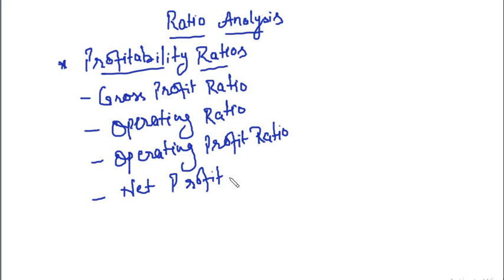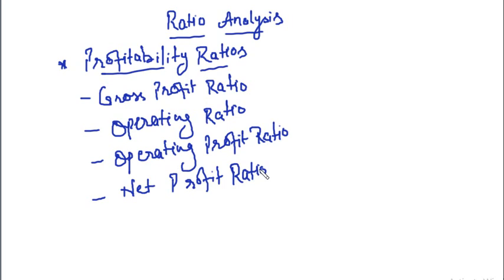And what is the main aim of profitability ratios? The main aim is to identify whether we are using the various resources of the business efficiently or not, and thereby whether we are earning sufficient profits or not, because the aim of any business is to earn sufficient profits, right?